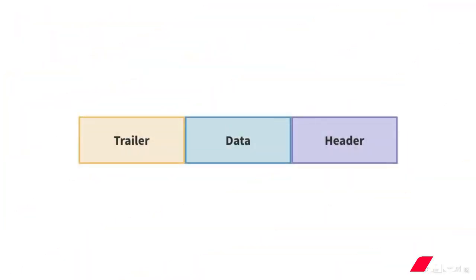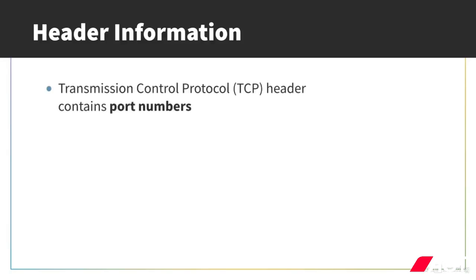By the way, we call the additional information attached before the network application data the header, while what goes after it is called the trailer. Different headers and trailers are used depending on the address information we're affixing. Transmission Control Protocol, or TCP, header contains port numbers.